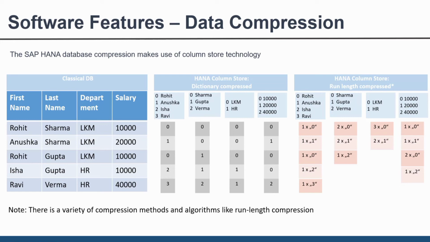However, please note that the compression algorithms are not limited to whatever you can see on the screen. There are multiple such compression algorithms, and the system decides which algorithm to execute for which table. So this is the first reason why SAP recommends using a column store table instead of a row store table.